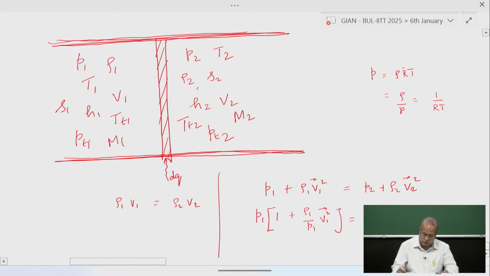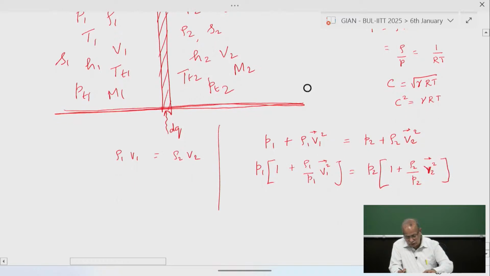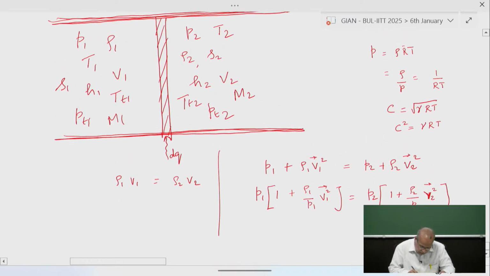And also we know the local speed of sound, C is equal to square root of gamma RT, so C square is equal to gamma RT. Now we're going to apply this here. When we apply it, you can write P1 into 1 plus, in place of rho1 by P1, V1 square by R T1.